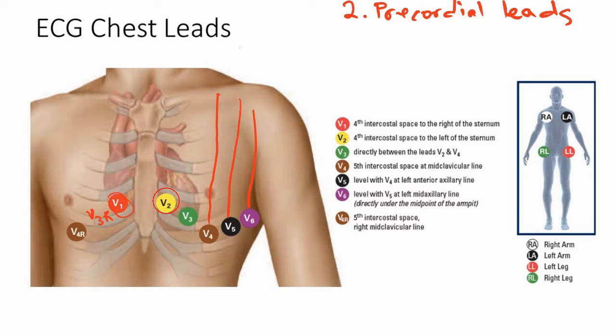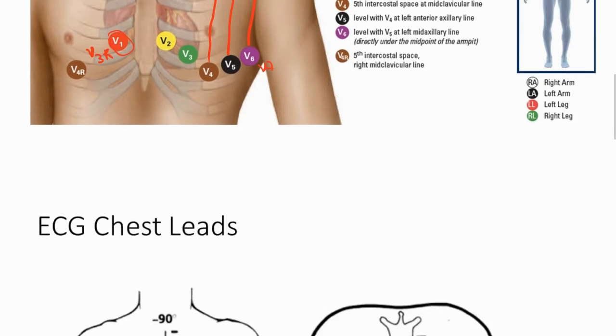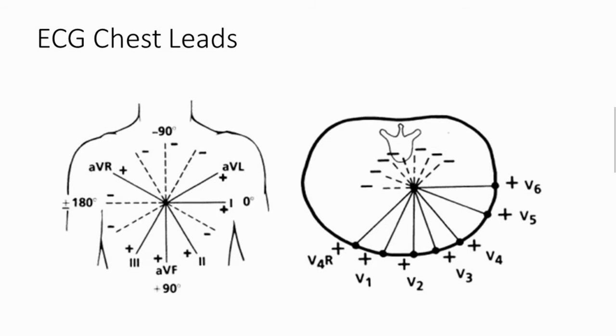V3R and V4R are these two right-sided leads, again, to better analyze the right side in kids. And they're essentially mirror images of V3 and V4, but on the right side. And then there's another lead called V7, which is placed just more distal or just after the V6, on the back.